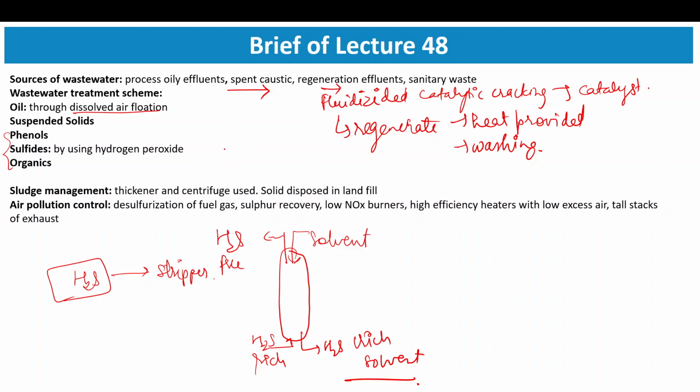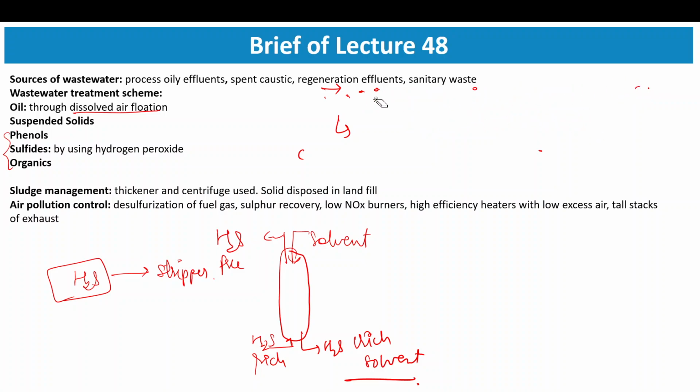Now to remove any organics, you can use anaerobic and aerobic digestion. So the methods are the same, but depending on the amount present, the dimensions change, as well as the source might be different. Further, the organic contaminants which are present might be different, right?